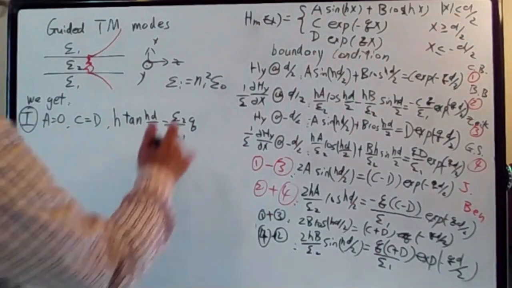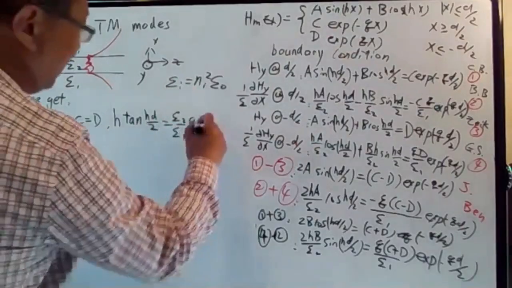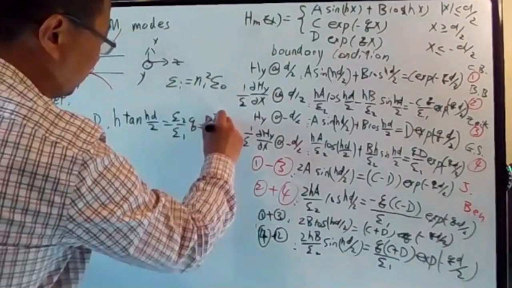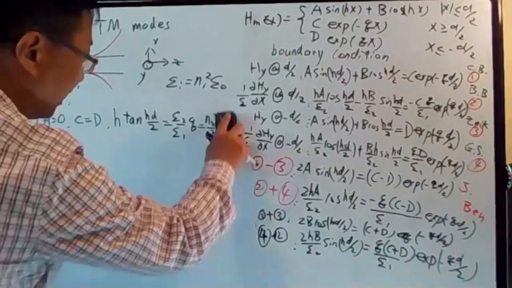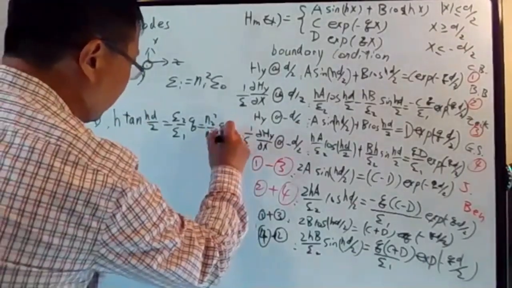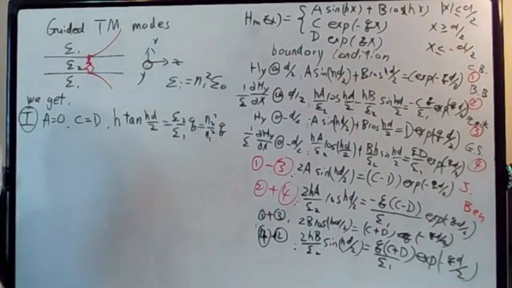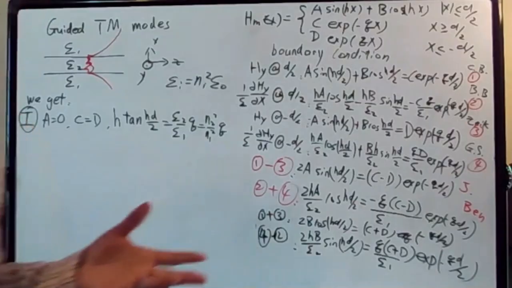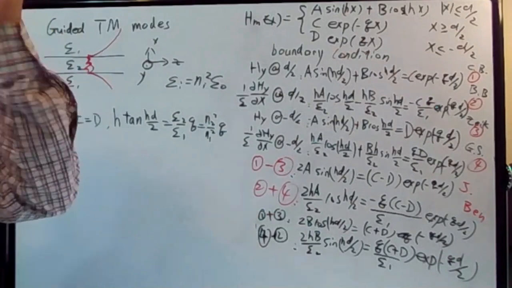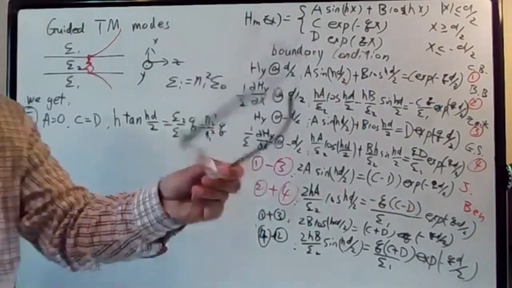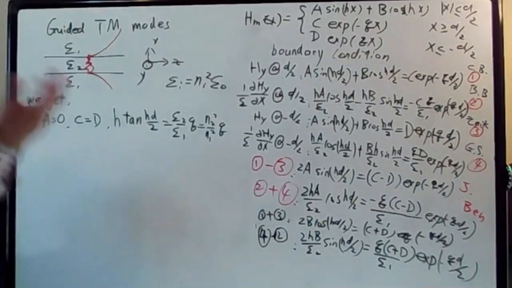Now let's use this. This epsilon over epsilon 1 is the index squared, so it's n2 squared over n1 squared, and epsilon naught cancels out, so this is simply Q. So this is the refractive index. For example, my glass, the refractive index is about 1.45 to 1.5.